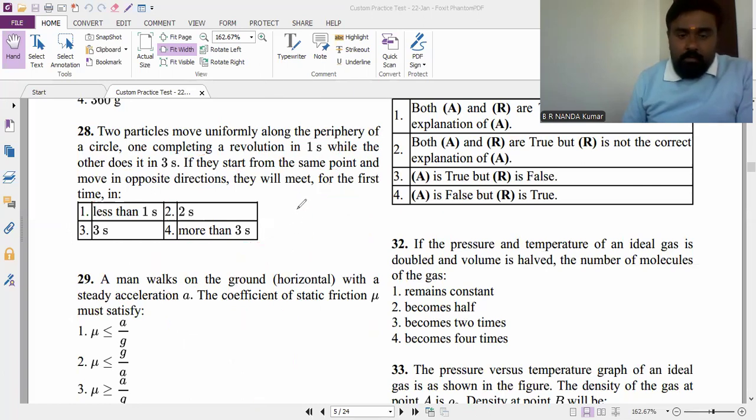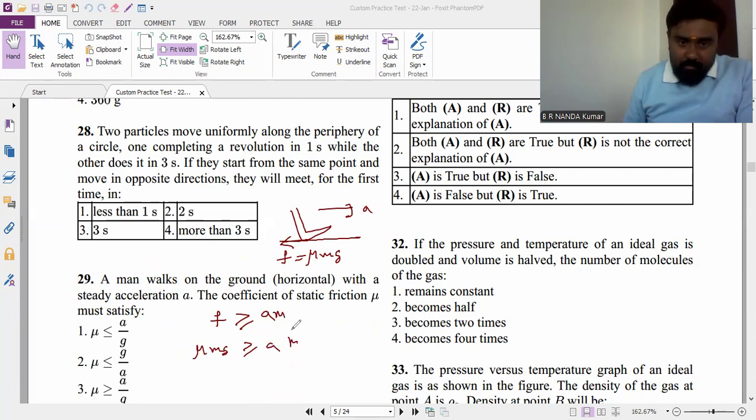The man walks on the ground with steady acceleration a, the coefficient of friction. So F is equal to mu mg. Actually friction should be more than or equal to ma. So mu mg is more than or equal to ma.